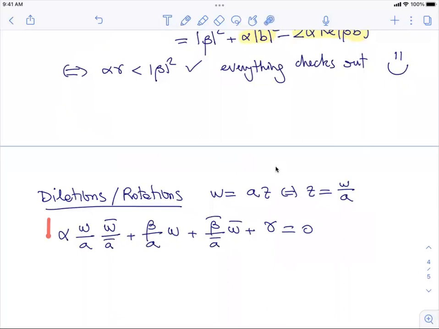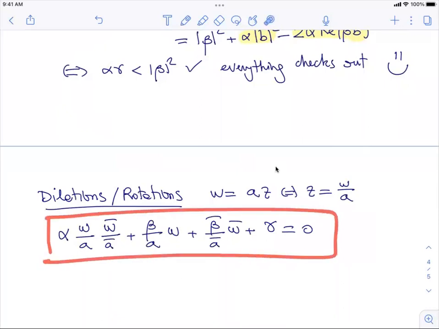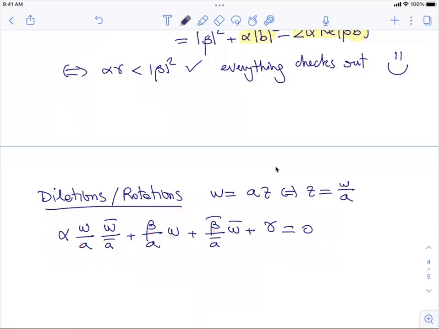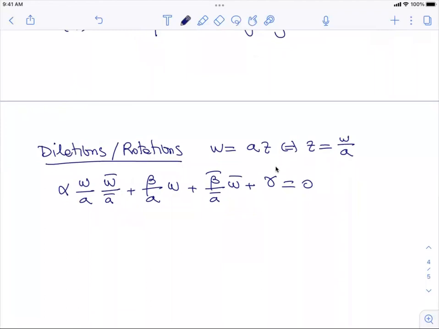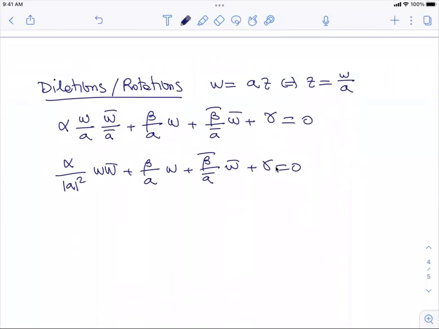We're just plugging in the formula for Z: you see Z bar, beta Z, beta bar Z bar. Now let's simplify. This is alpha divided by the modulus of A squared, W bar, plus beta over A W plus beta bar over A bar W bar plus gamma equals 0. Everything checks out. So this is our alpha tilde, this is beta tilde, and this is beta tilde bar.